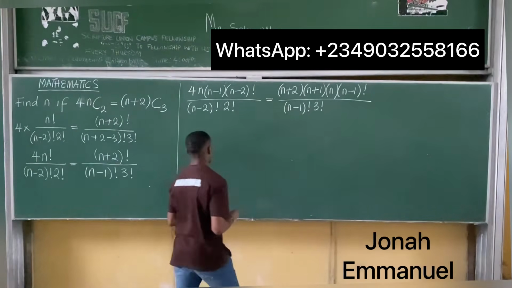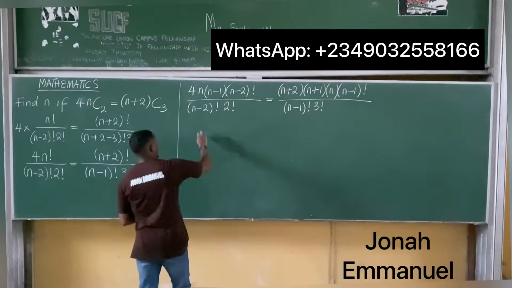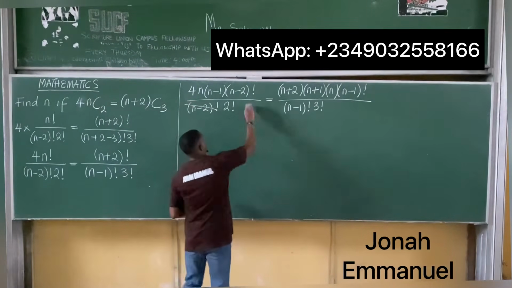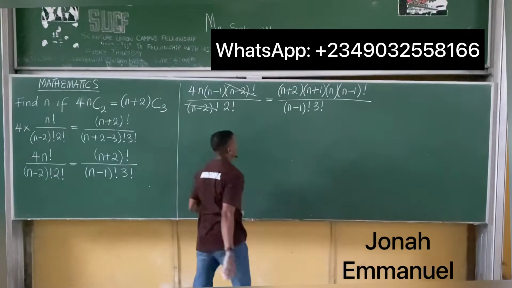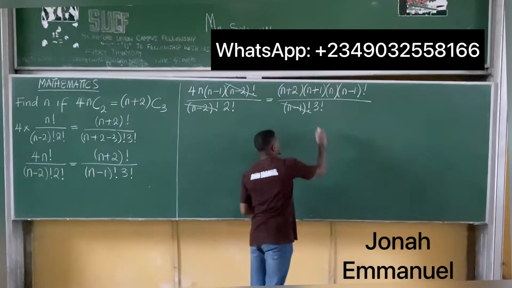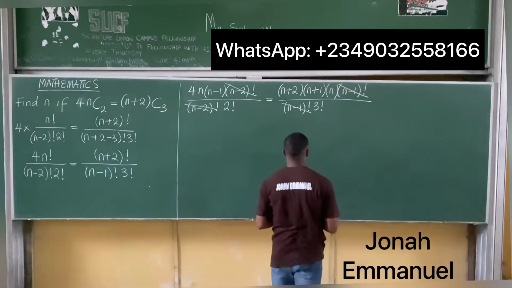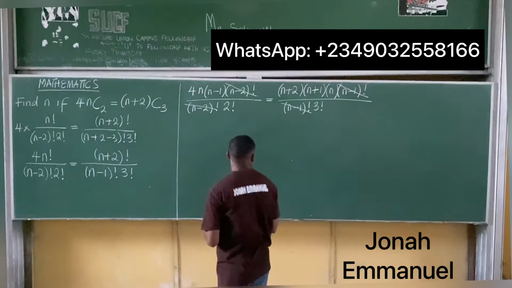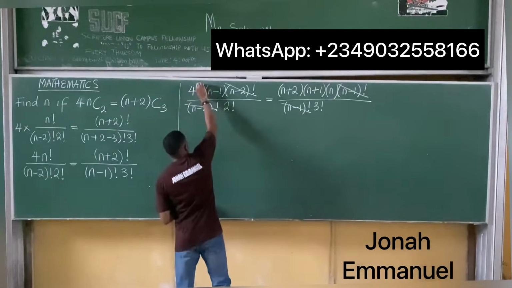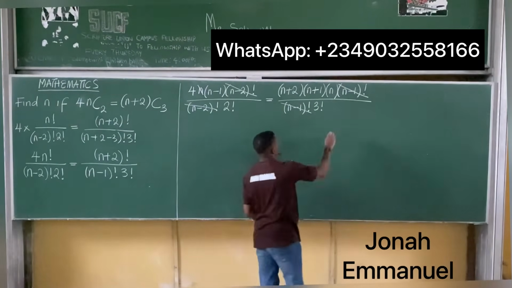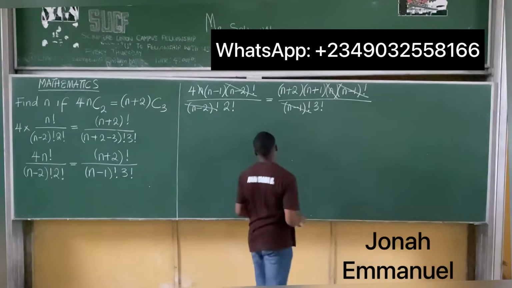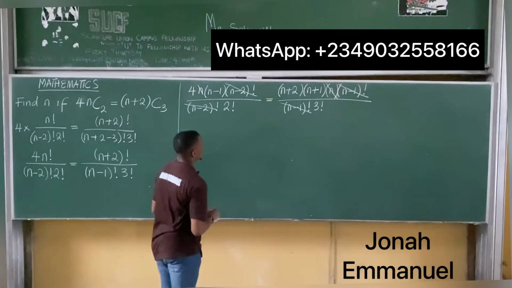So from here we can see that n minus 2 factorial will cancel n minus 2 factorial. n minus 1 factorial will cancel n minus 1 factorial. And what's left? I can see n here, so n here can cancel n here. And that's about all.